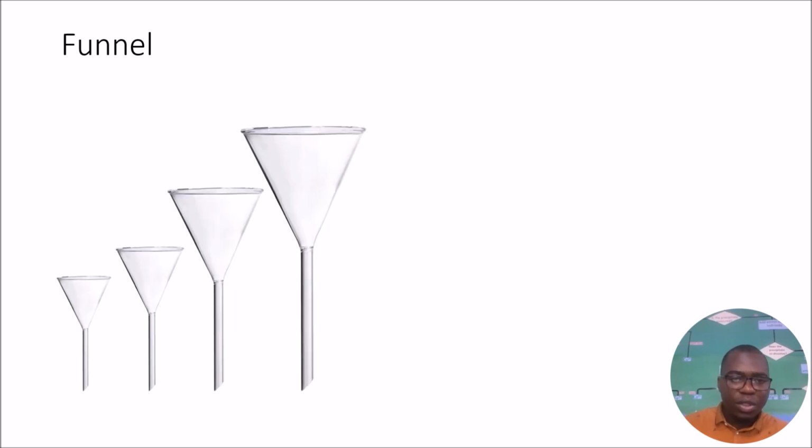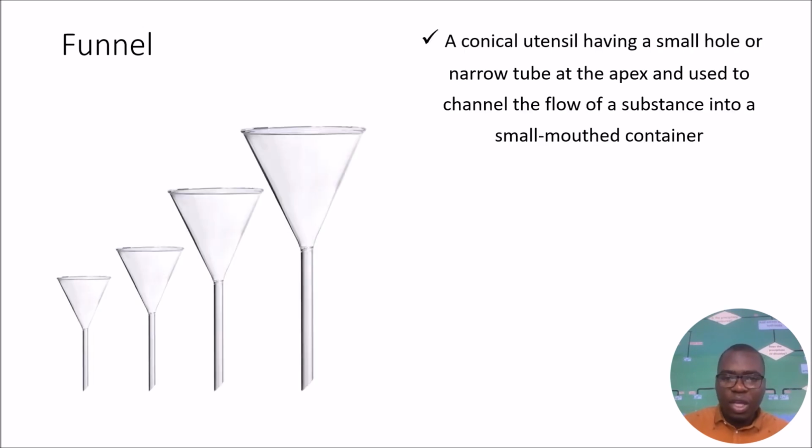But before we do that, let's also look at some supporting apparatus as you are measuring volumes. So we have a funnel, and we are saying a funnel is a conical utensil having a small hole or narrow tube at the apex and used to channel the flow of a substance into a small mouthed container. Now, when we say container, we don't just mean containers of cooking oil.